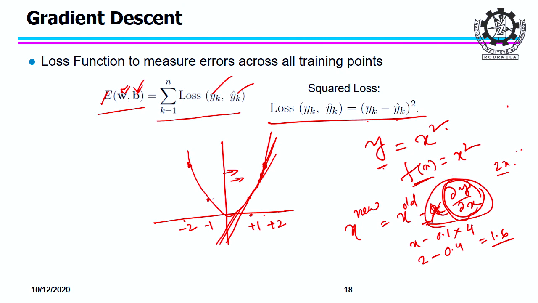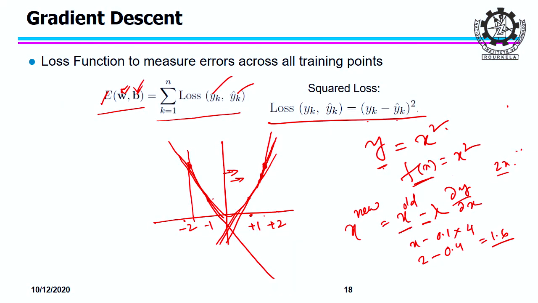Now, imagine a situation where you started with the value of x equal to minus 2. Let us say minus 2 is somewhere here. Again you draw the slope here, and this slope is essentially negative.